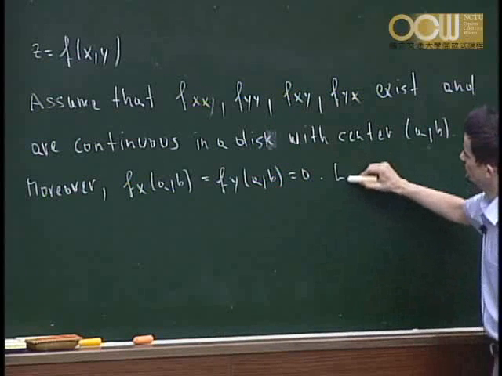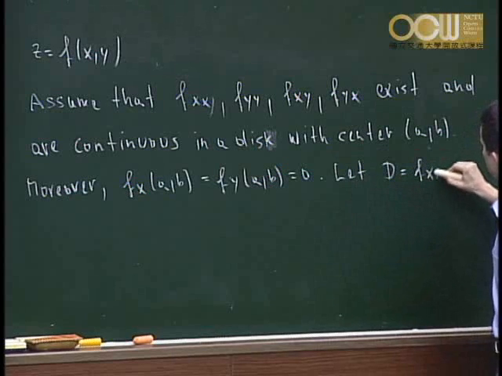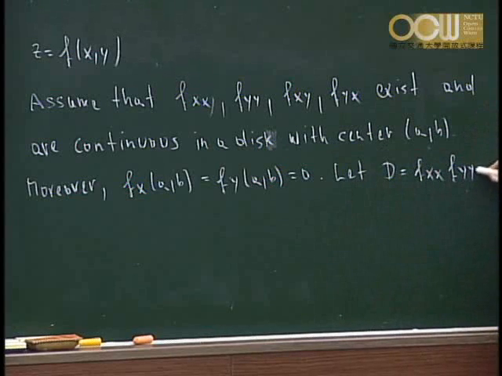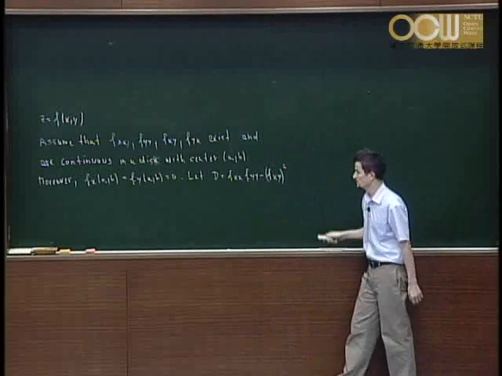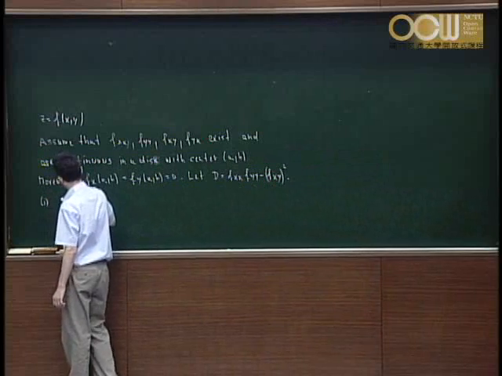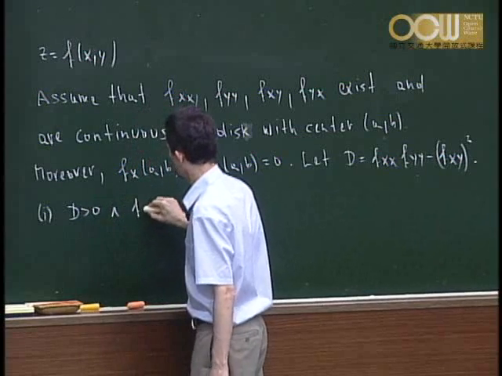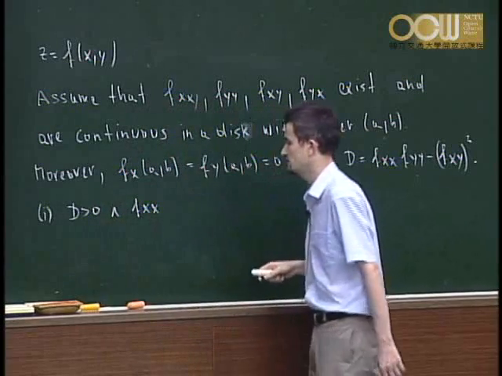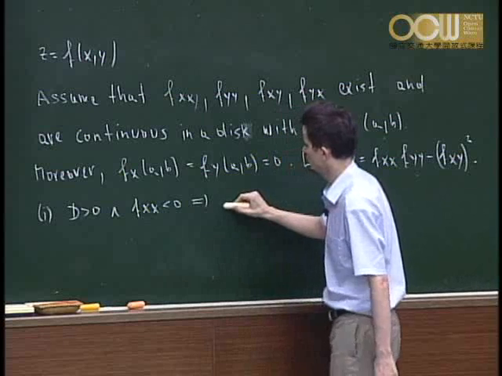Then we define a quantity which we call D. This is f_xx times f_yy, minus the mixed partial derivative squared. And now you have three cases. Case 1: D is larger than 0 and f_xx is smaller than 0, then you have a local maximum.